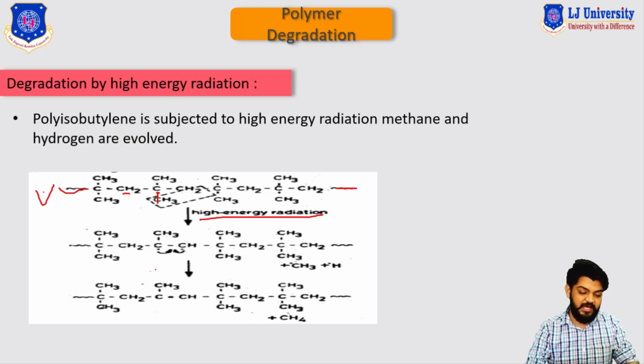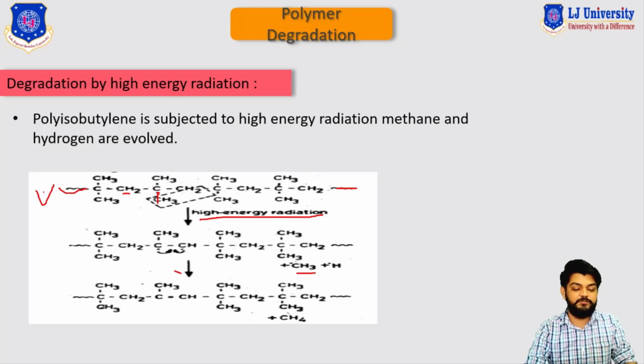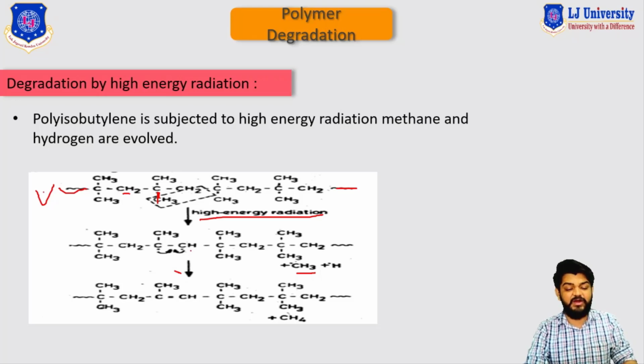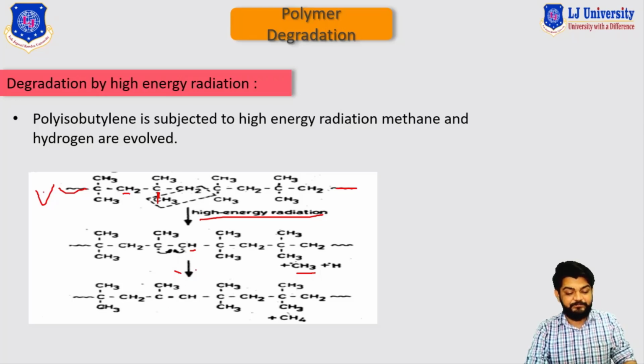As you can see here, this carbon-carbon bond has been broken, hence CH3 from this particular atom has now been liberated. You can see here we have written plus CH3, which means CH3 has been liberated because this particular carbon-carbon bond has been broken. And again from here one hydrogen will also be broken. So as you can see here, this hydrogen from this particular carbon is also liberated like this.